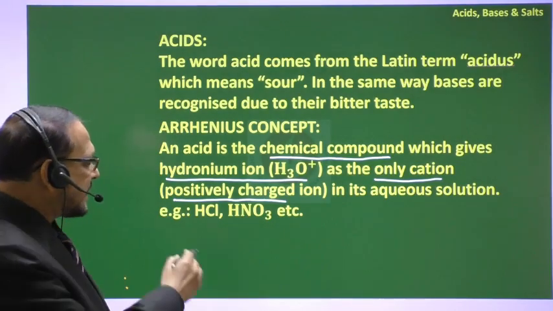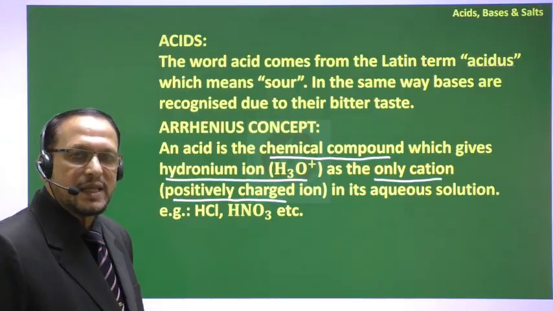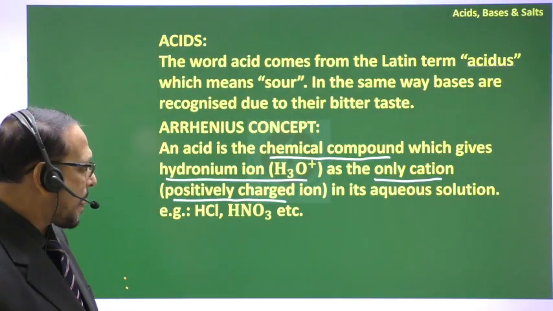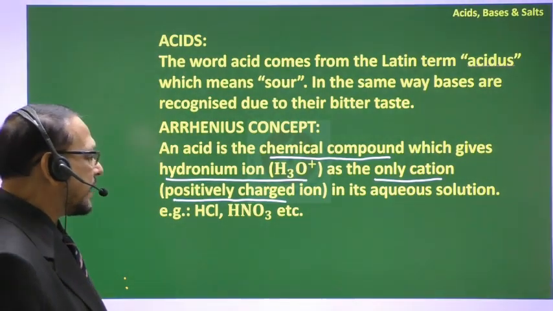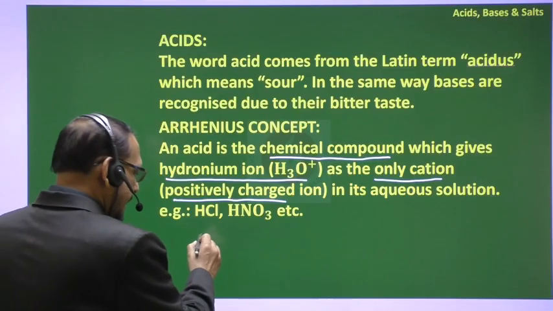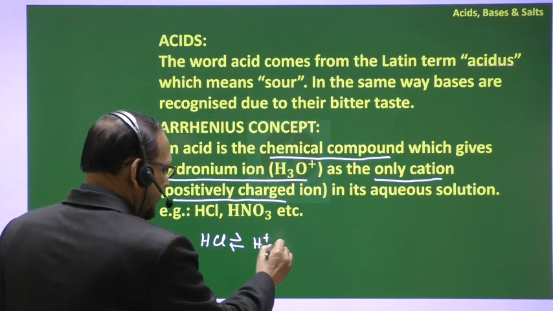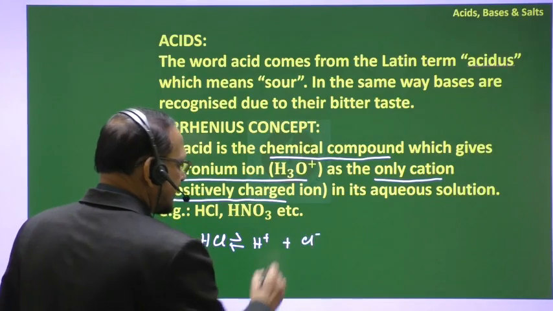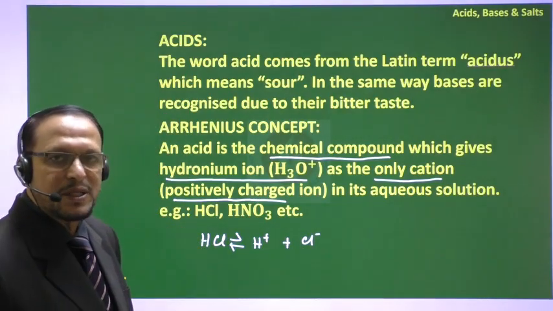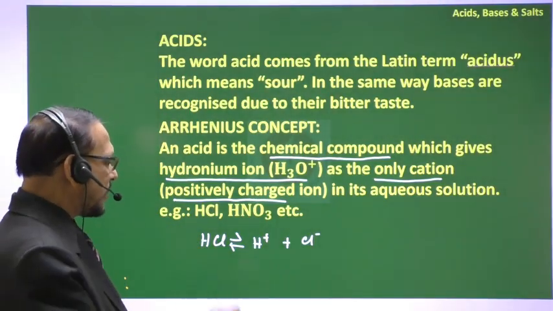Now, HCl, HNO3, H2SO4, acetic acid, lots of acids are there. Why the only cation? Here, HCl ionizes to give H plus and Cl minus. Aqua means water.